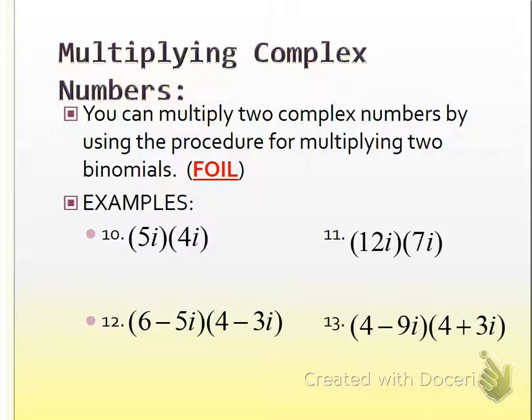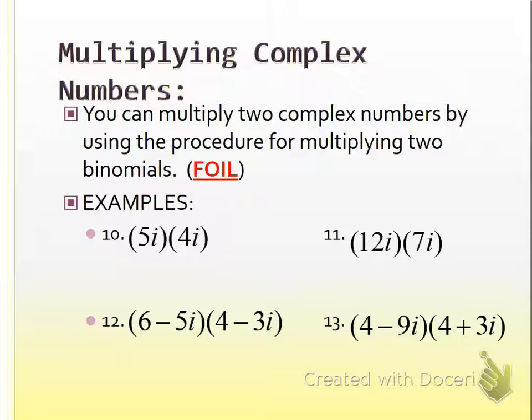Multiplying complex numbers is probably the most applicable thing that we will talk about for complex numbers in the future. We'll use it the most out of all these topics we've talked about today. You can multiply two complex numbers by using the procedure for multiplying two binomials.